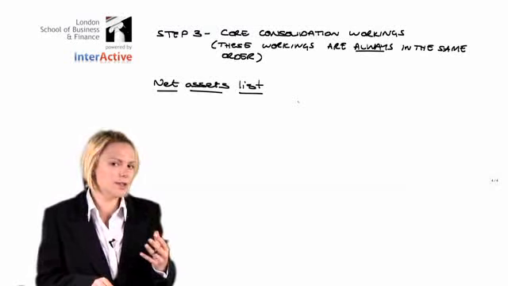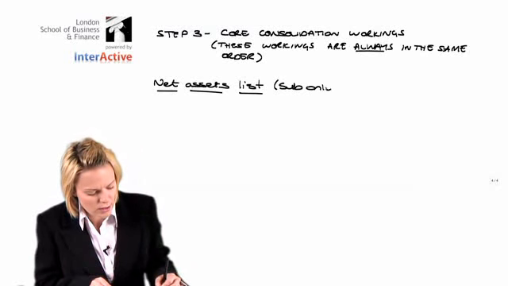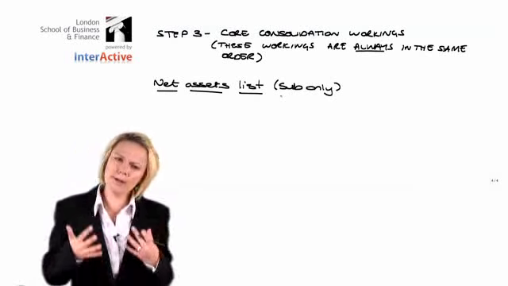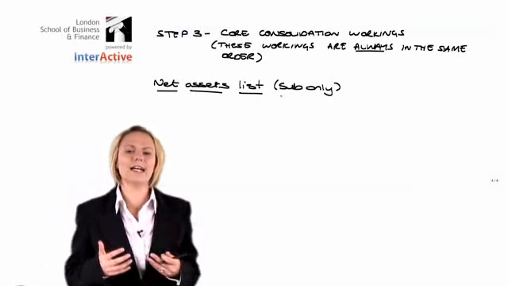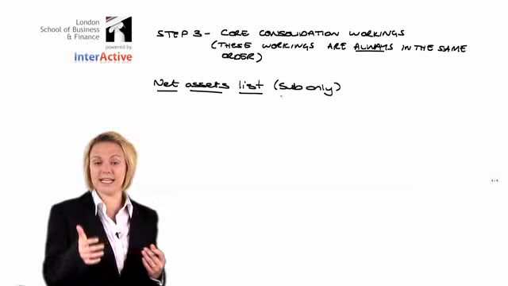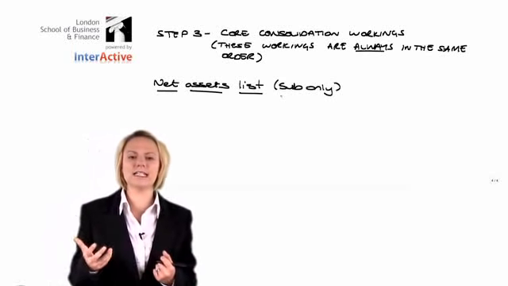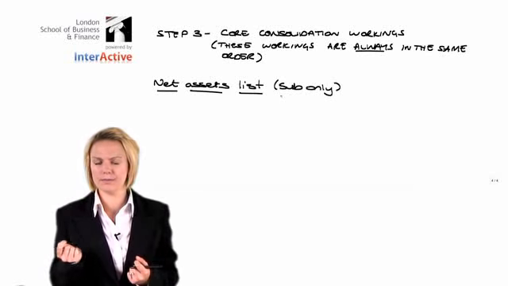You always do the net assets list for the subsidiary only. Do you remember when we did the accounting equation? We said net assets must equal capital, in this case equity. Well, that still applies here. Net assets, assets minus liabilities, equal equity.